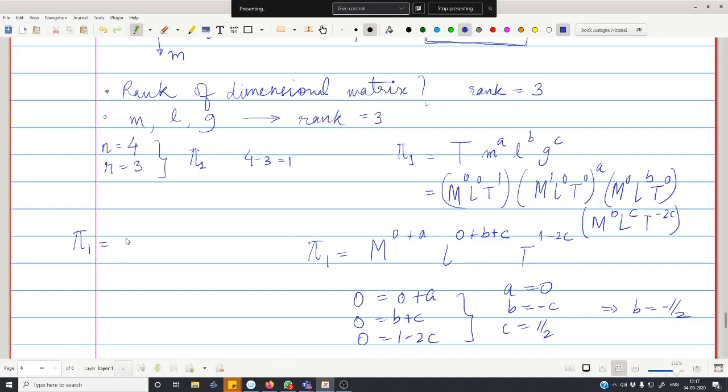It is going to be T m to the power 0, L to the power minus half, G to the power half. Essentially T times square root of G by L. And because there is only one pi term, it is going to be equal to a constant. Is this okay?